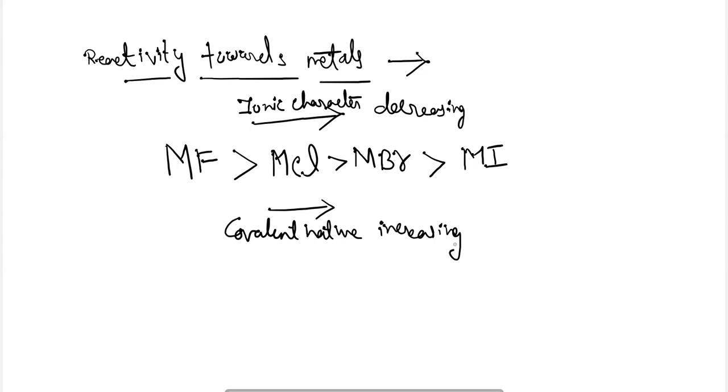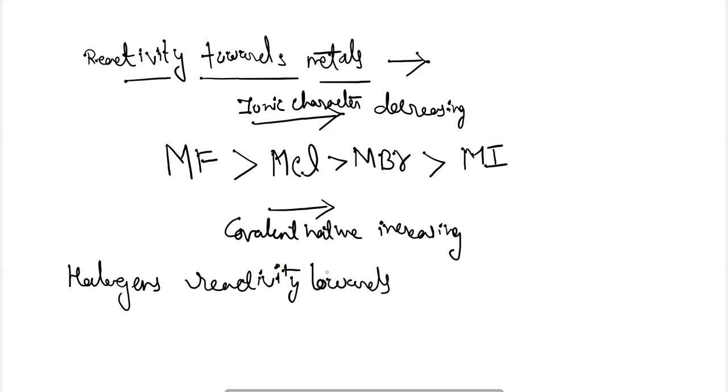Next, how halogens react with halogens. The last is the reactivity of halogens towards halogens. Halogens generally form single halides with other halogens.